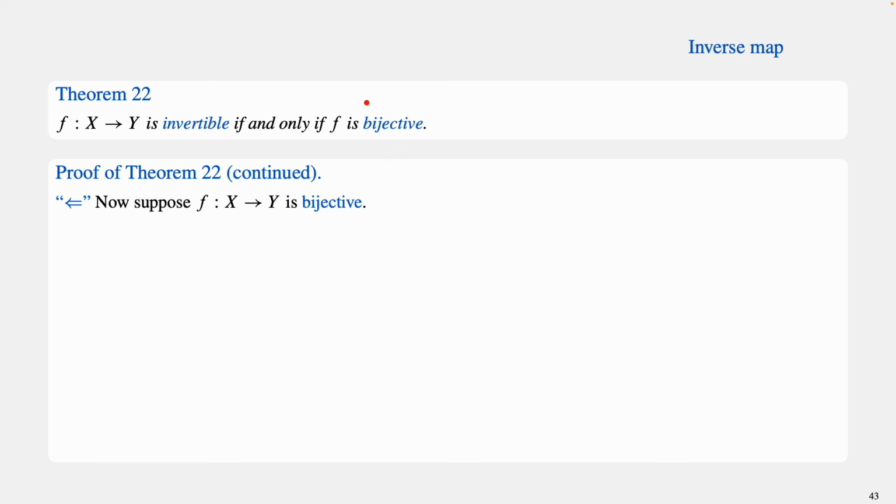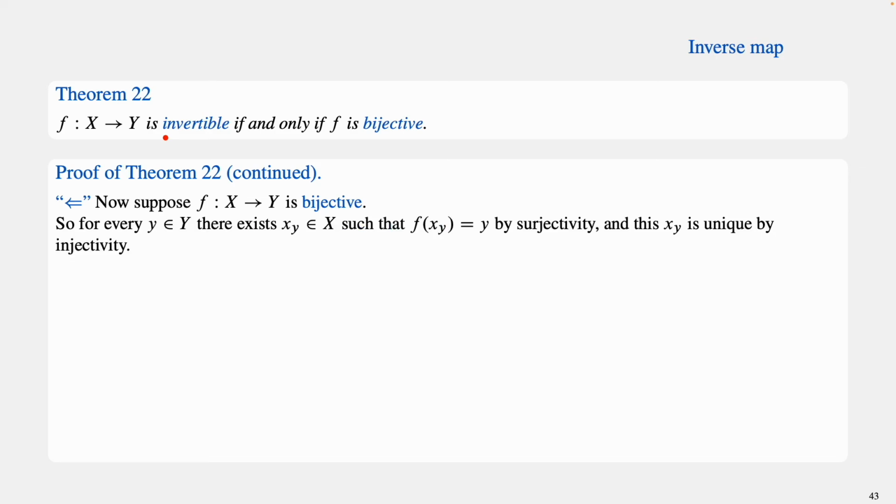We assume f is bijective, and we want to show that it is invertible, so we have to give an inverse map for f. So it being bijective, it means that for every y in the codomain big Y, there exists some element x index y in the domain such that f of x index y is mapped to y.